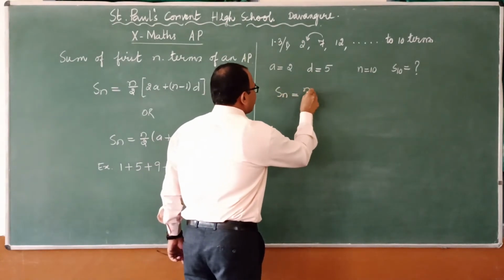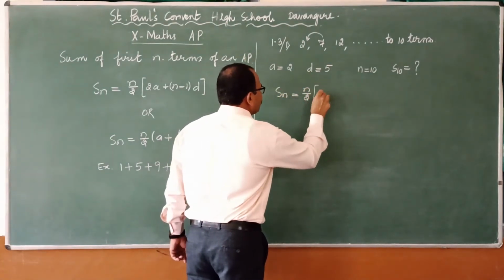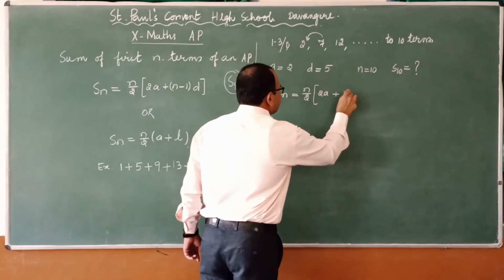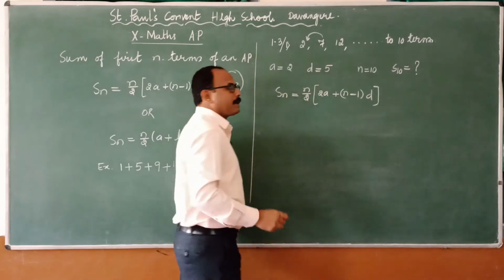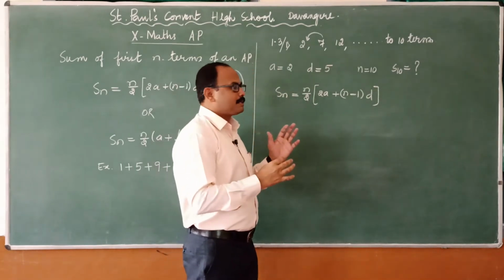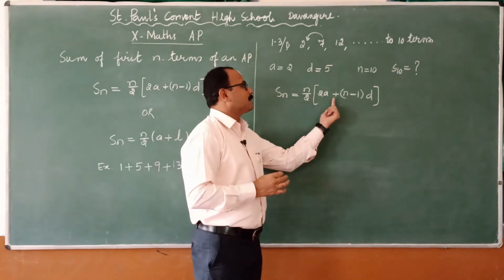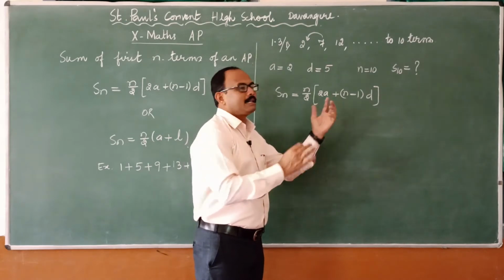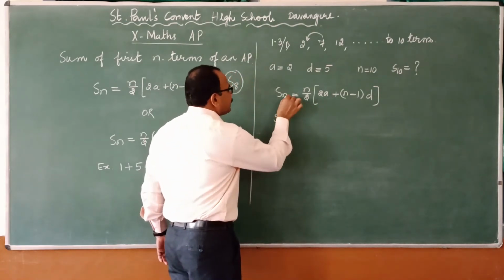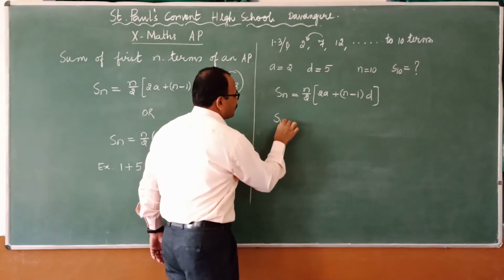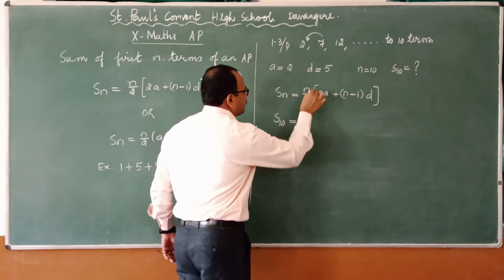Sn is equal to n by 2 into 2a plus n minus 1 into d. While you write, write the terms in such a way that the known terms are separate or the signs touch one another. Then n becomes 10, children.